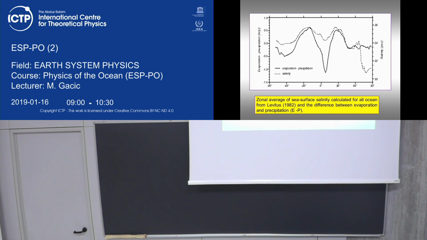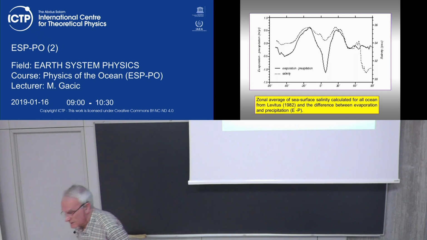River discharge has a relatively low contribution because the fresh water from rivers stays mainly along the borders of the world ocean, and it is a relatively small amount of water that is brought by the rivers. If you think of the largest river in the world, it has a discharge on the order of 100,000 cubic meters per second.